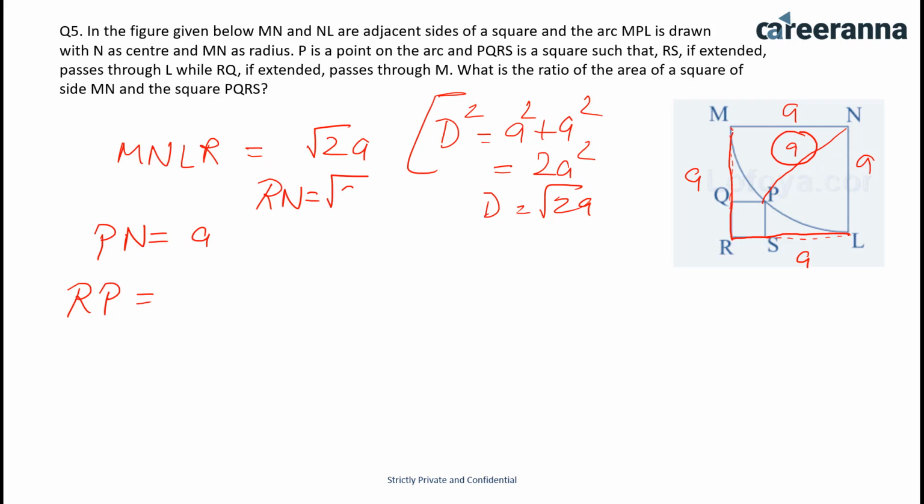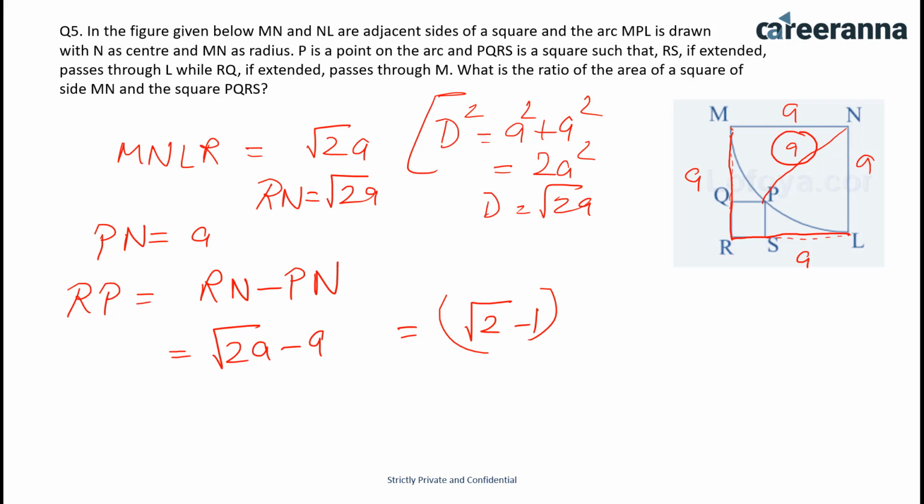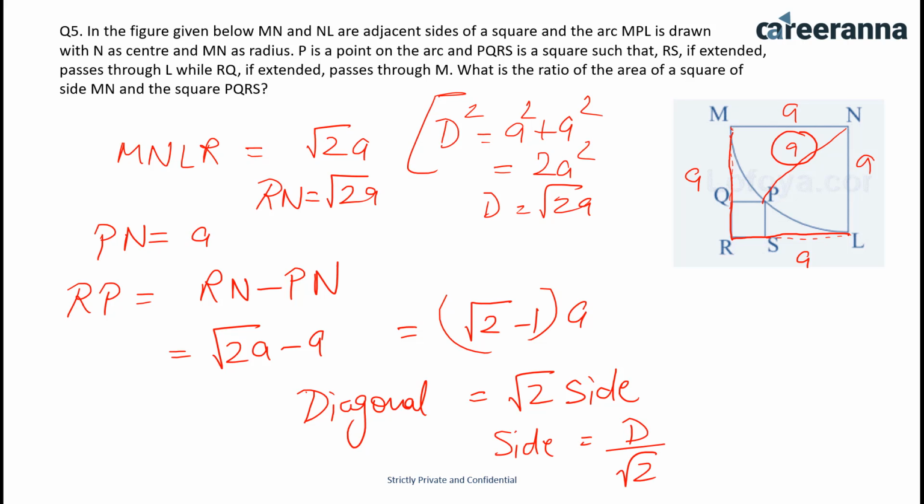RN is equal to root 2 times A. So RP is nothing but RN minus PN. So root 2 times A minus A. This turns out to be root 2 minus 1 times A. Now this is the value of the diagonal. In other words, I can say diagonal is nothing but root 2 times side. So side for the smaller square is diagonal upon root 2. This will become root 2 minus 1 times A upon root 2.